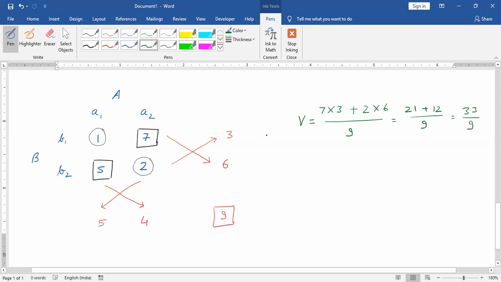If someone asks, sir, why are you using only the second column, why are we not talking about the first column? Yes, you can use the first column also. If you use the first column, then what happens?